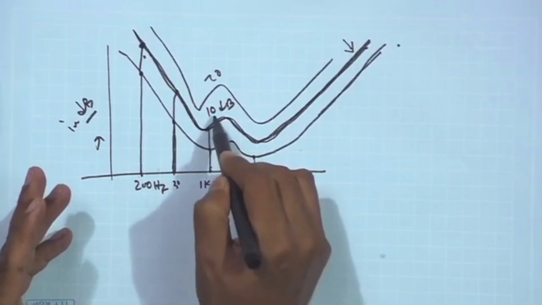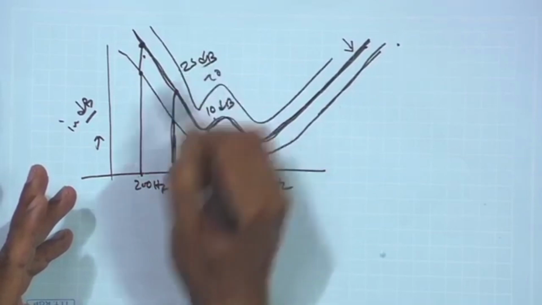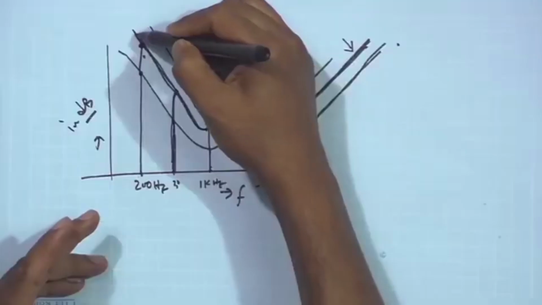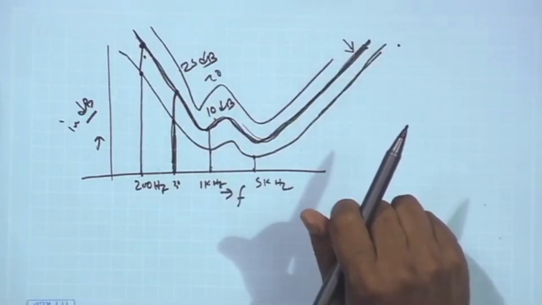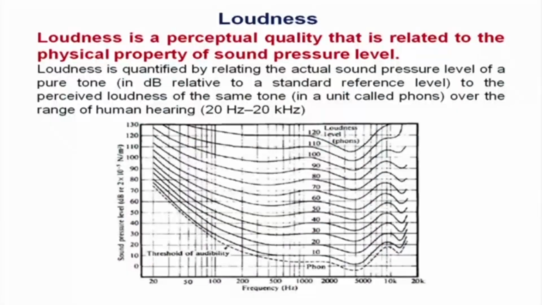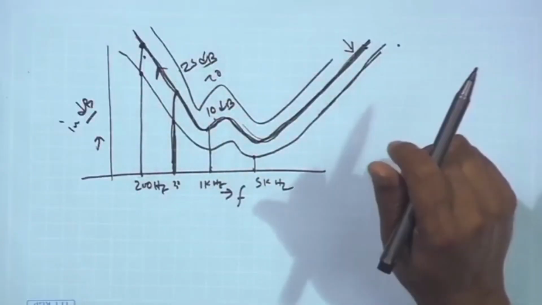For 1 kilohertz it is 10 dB, maybe here intensity is 25 dB, but perception of the sound is the same. Loudness is a perceptual quantity related to the physical property, the pressure level or intensity of sound, but it is not direct intensity. So, this curve is called phone curve or equal loudness curve.